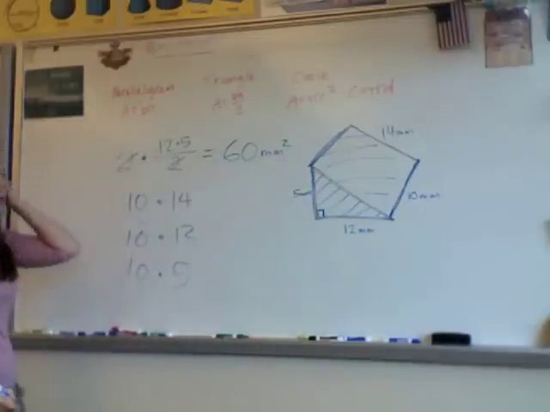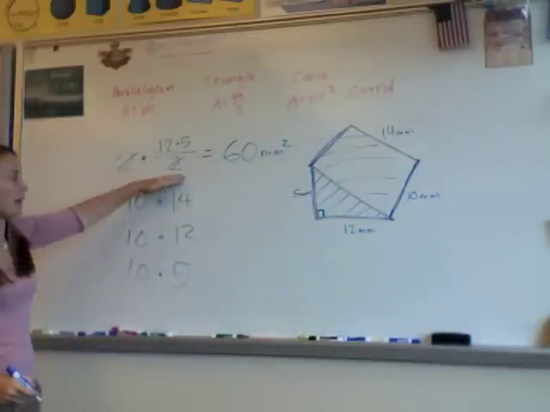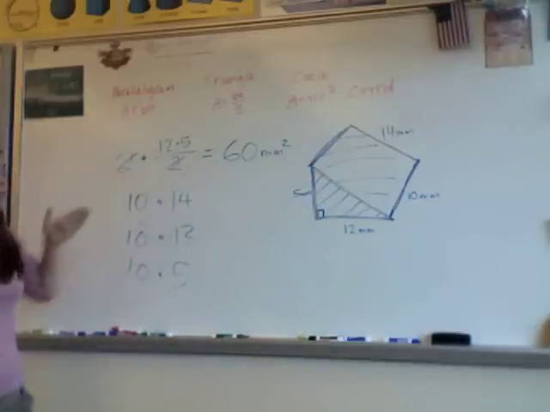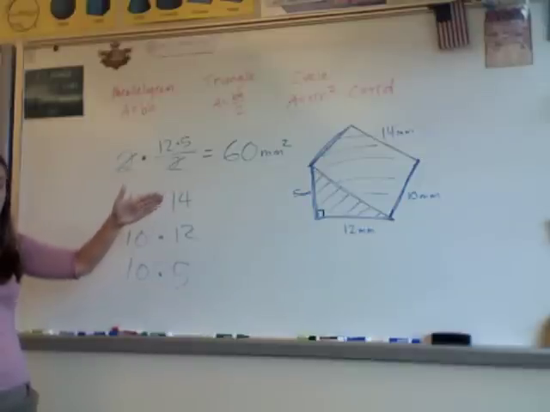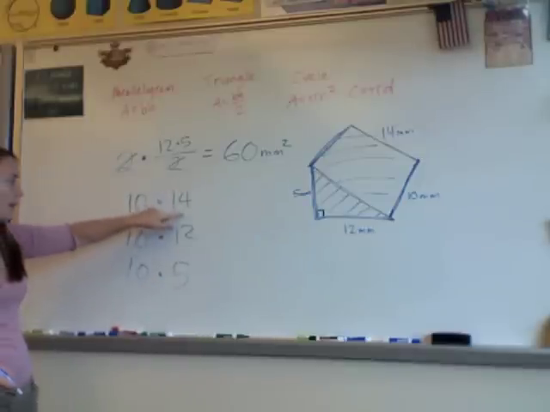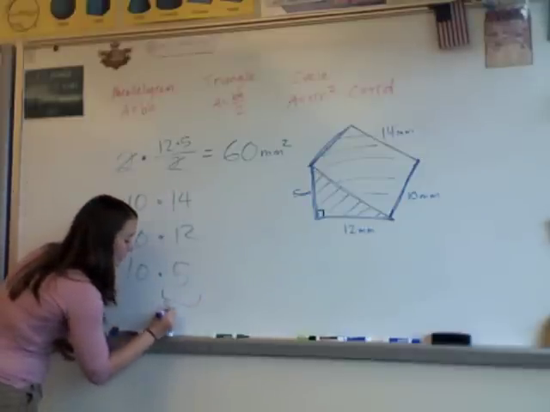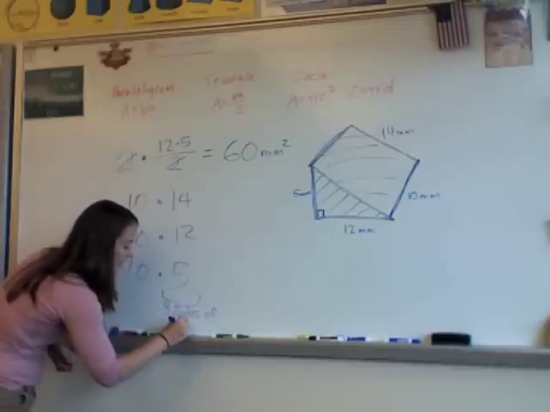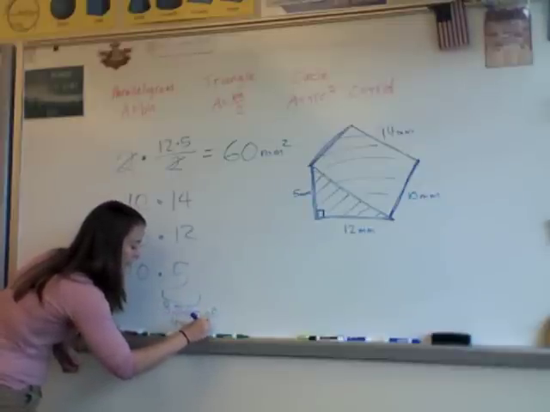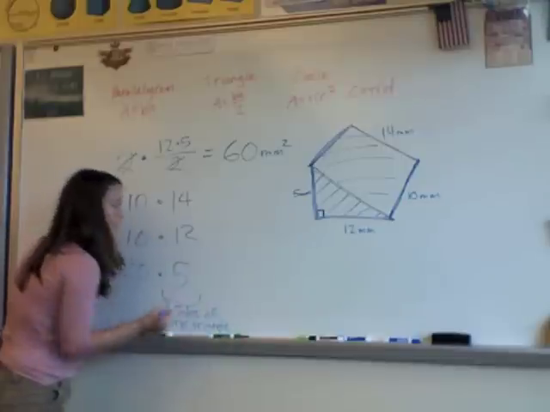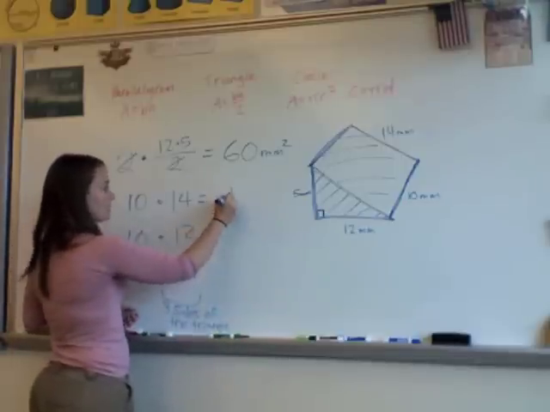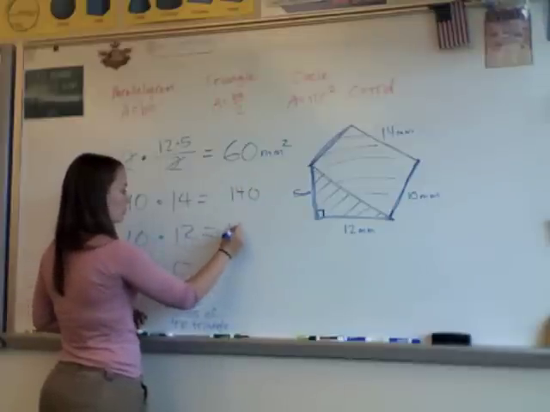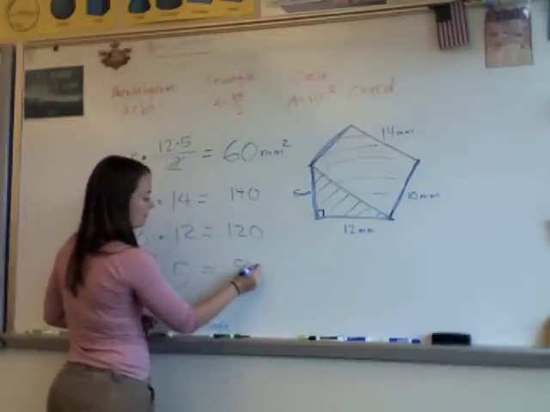So the main thing to remember here is after you find your two triangles, find that height you normally use for the volume, the distance between the two bases, and multiply it by the three sides of the triangle. Okay, so these are the three sides. Pretty easy, times 10, so 140, 120, and 50.